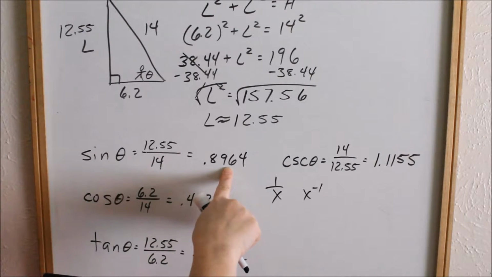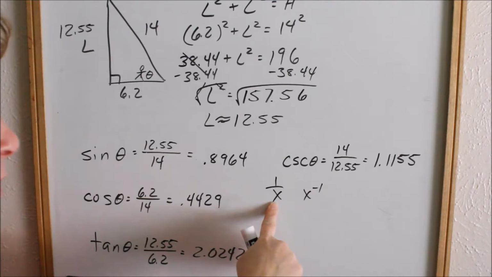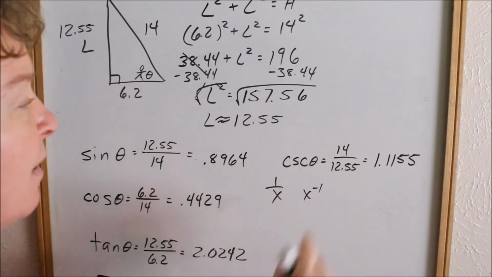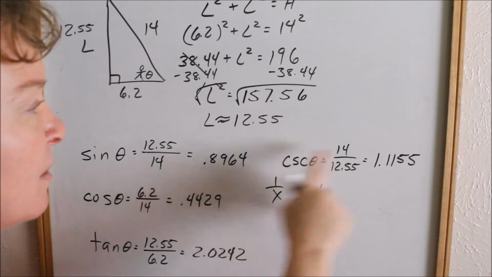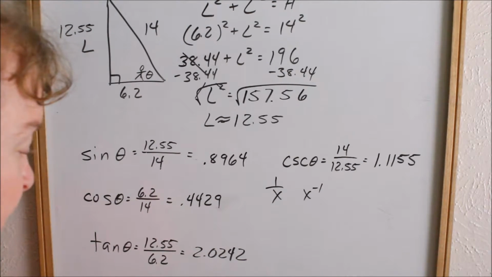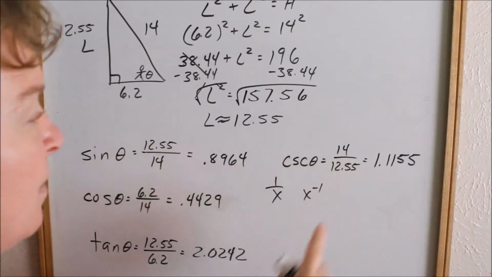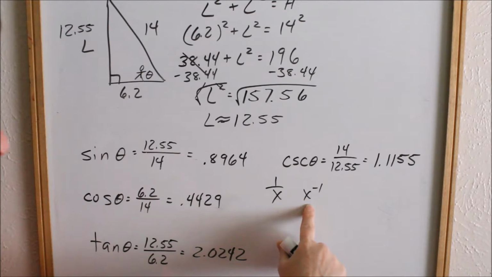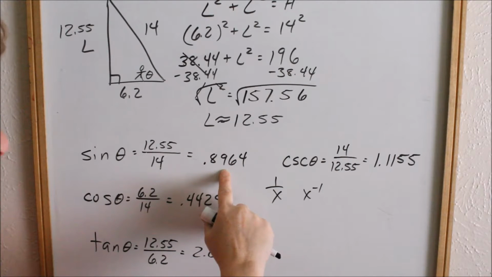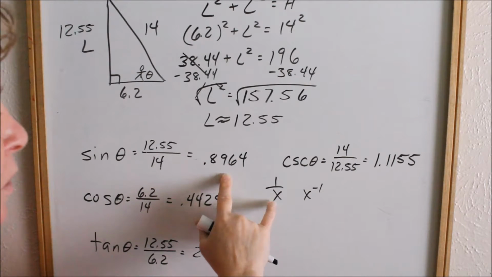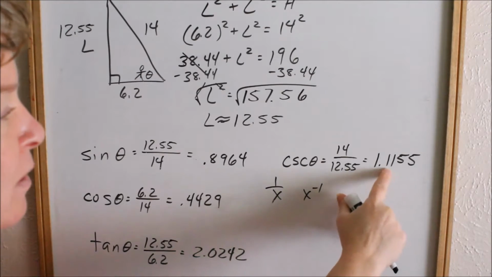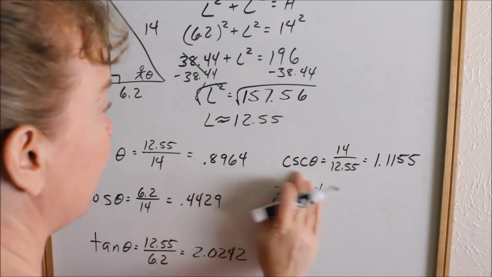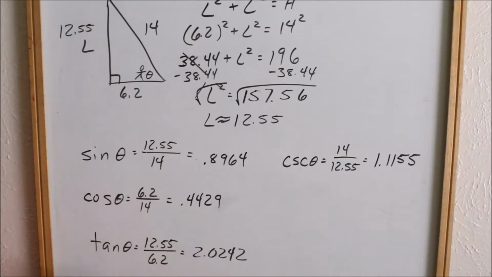Once you have this number in there, use the reciprocal button, and the reciprocal of this should be this answer right there. Yep, so I got the same thing. Again, that's about working smarter, not harder.